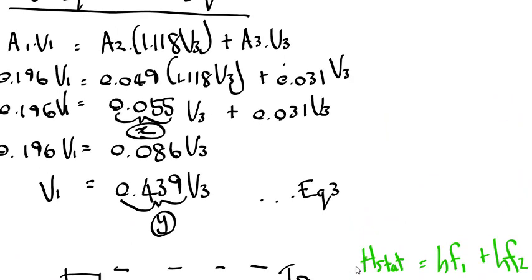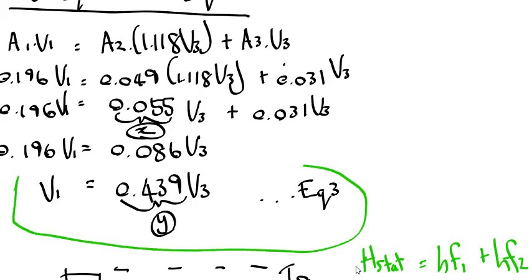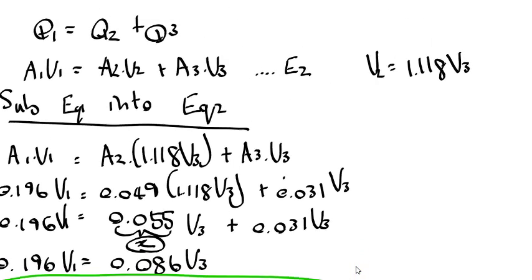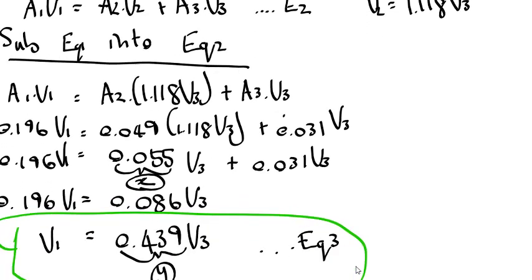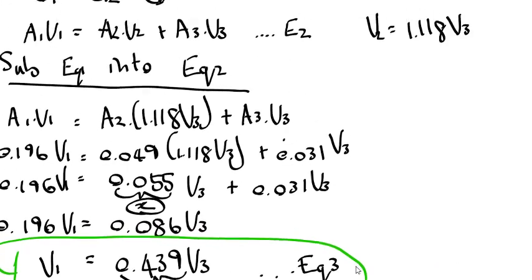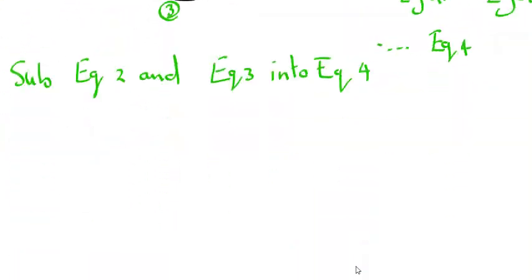We have V1 is equal to 0.439. So this one we have to substitute into that formula. And then we also have to substitute another one in there. I'm missing it now. It's probably the one where we have V1 and V2.